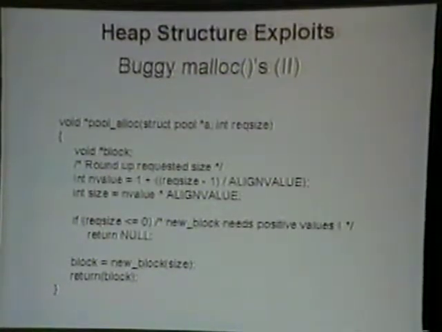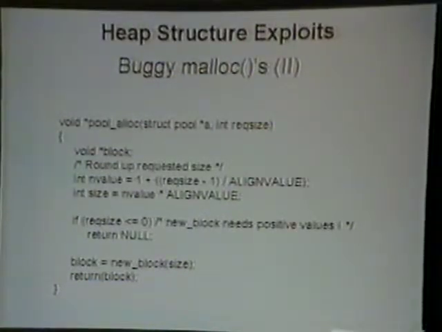Yes. So if rec size is, what value would it be? I think some small value of rec size generated a negative value. Not exactly, but you're close to it actually.